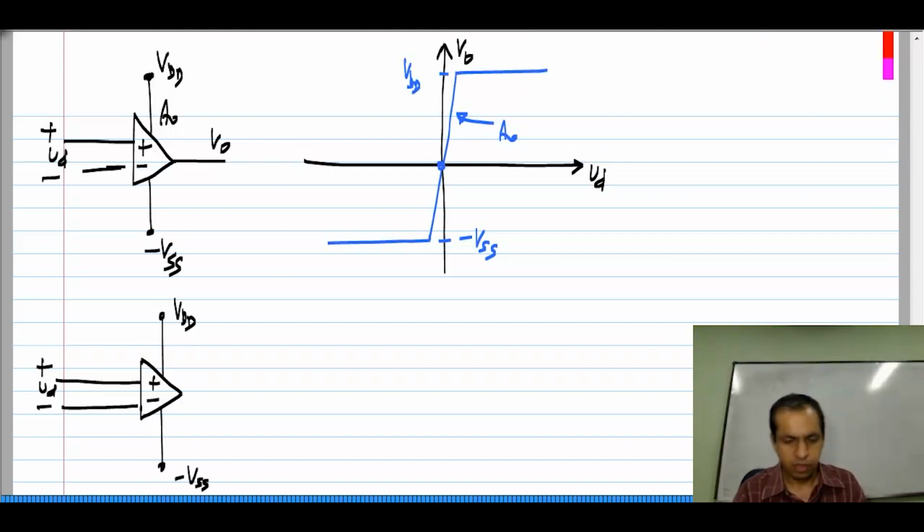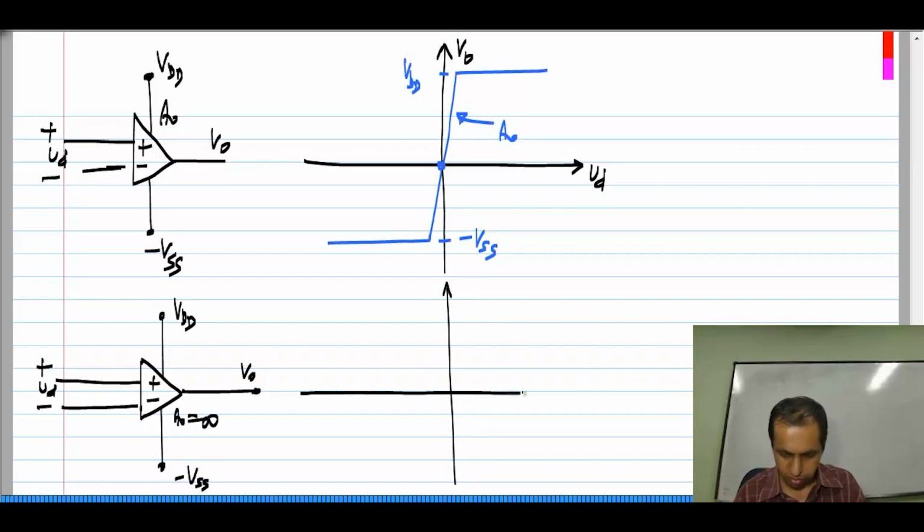Okay. So, I will show it like this with A naught equals infinity. Okay. In this case, if I plot V naught versus VD, I will get a straight vertical line, but it will saturate at VDD and minus VSS.